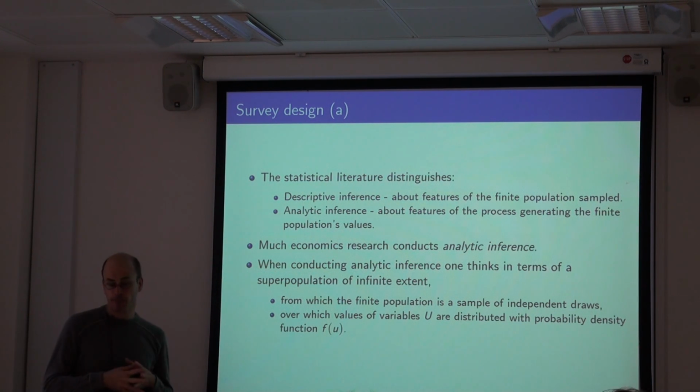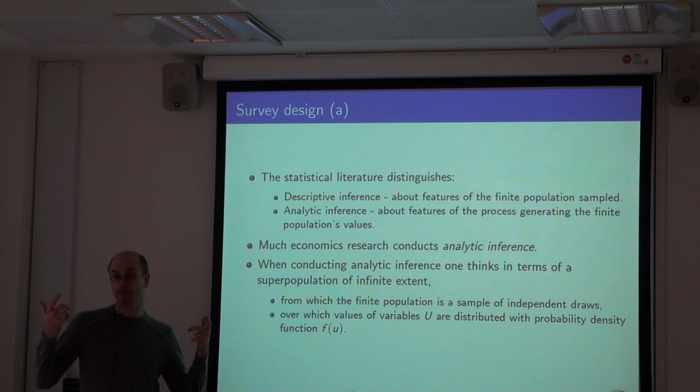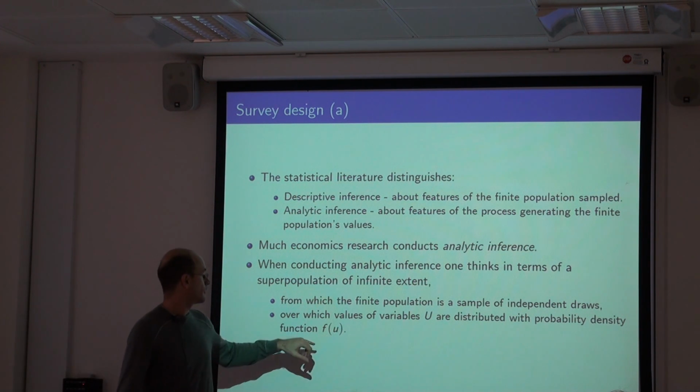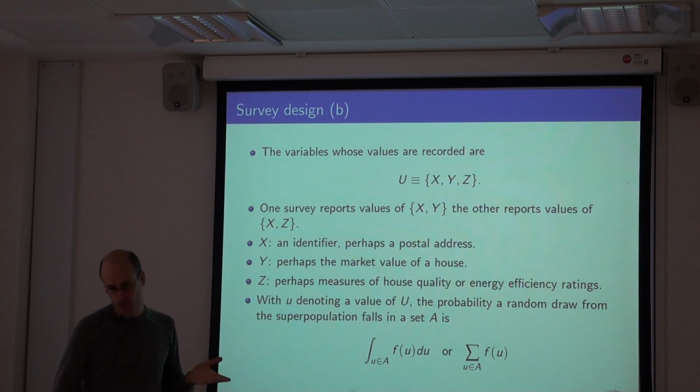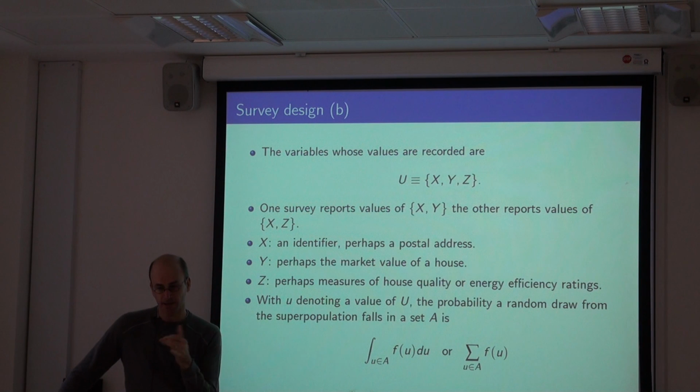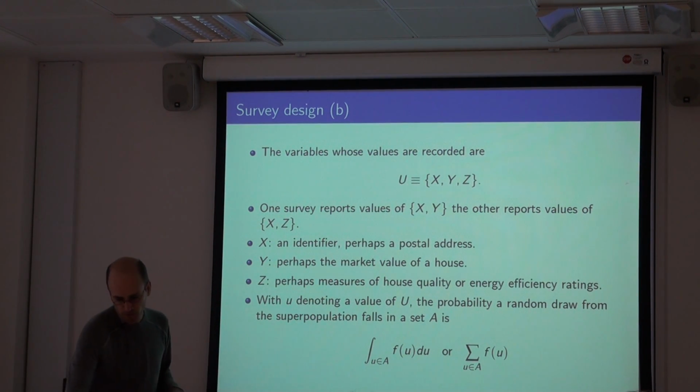From that finite population, we have a sample, and we have analytically in mind an infinite superpopulation, and we'd like to estimate, say, the probability density function of some random variable u. So u could be a vector. We use the example x, y, z, and in the statistical record linkage example, we had one survey with values of x and y, and a second with values of x and z.